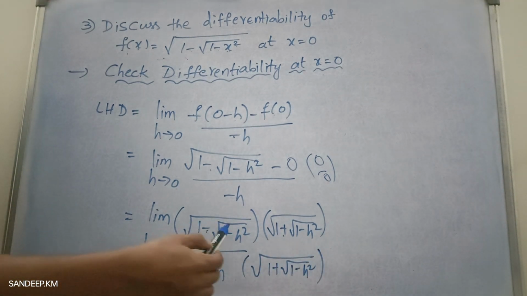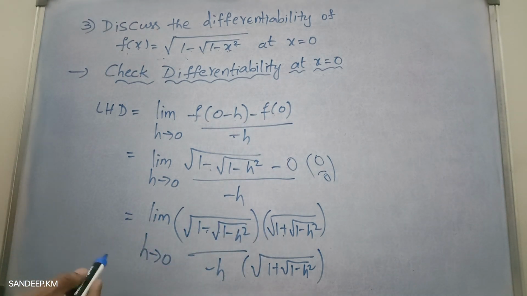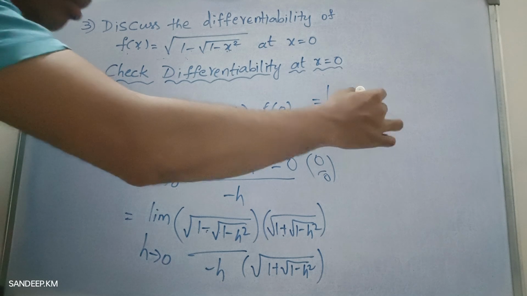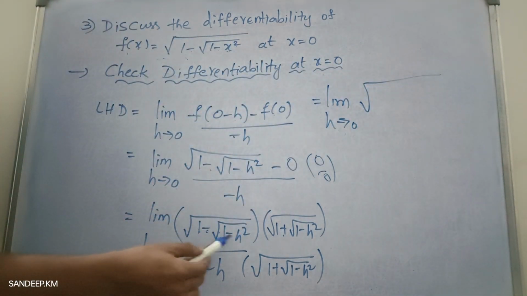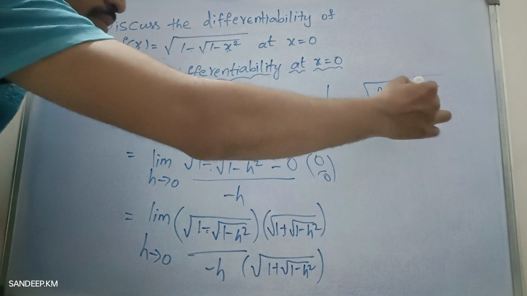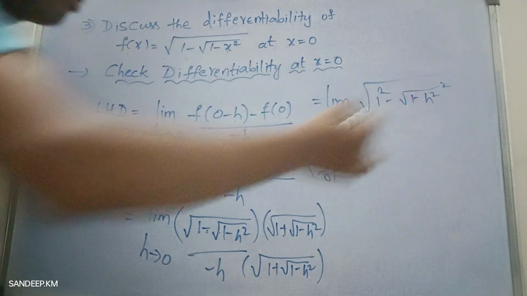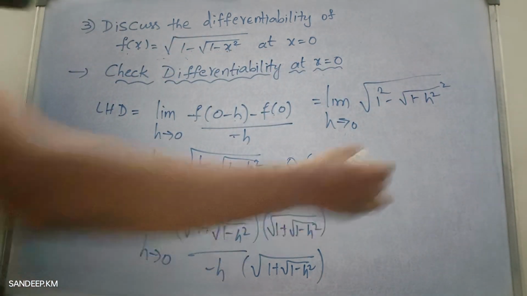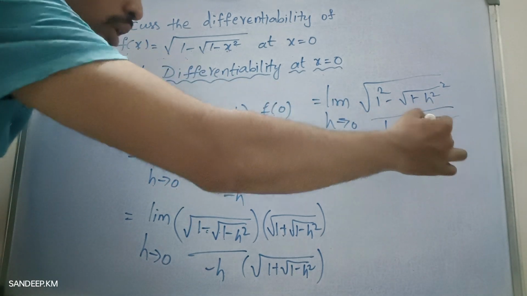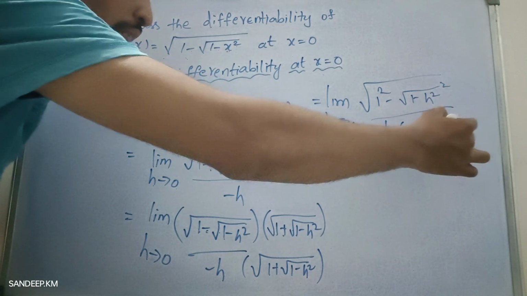Next, if I multiply the two terms in this numerator, I'll get a single root of limit h approaches 0, under root of a minus b into a plus b is a square minus b square. A square minus b square, and the denominator is minus h into under root of 1 plus root of 1 minus h square.